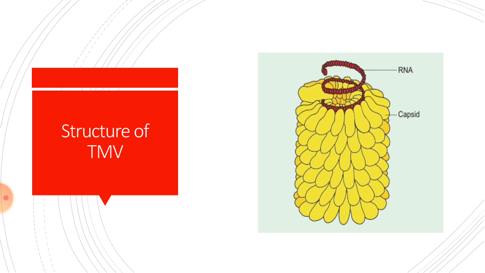Here in this slide you can see tobacco mosaic virus, the first discovered plant virus. It is an example of a typical plant ribovirus.